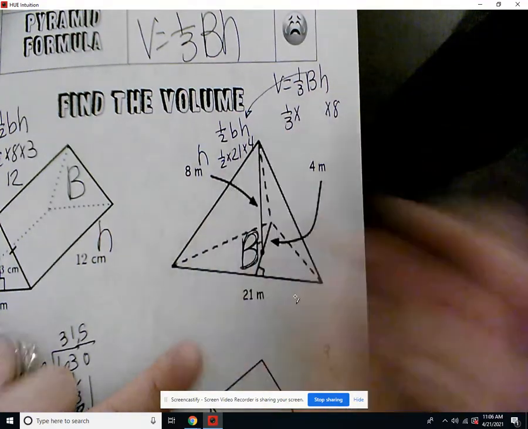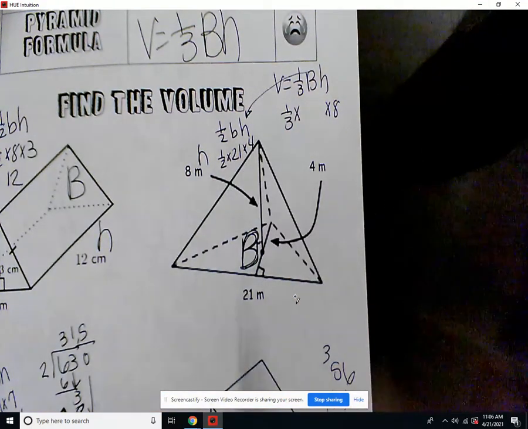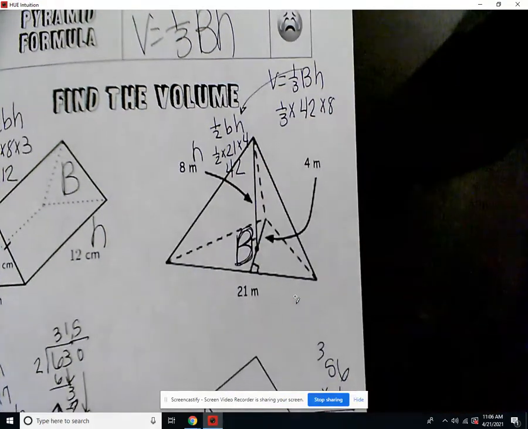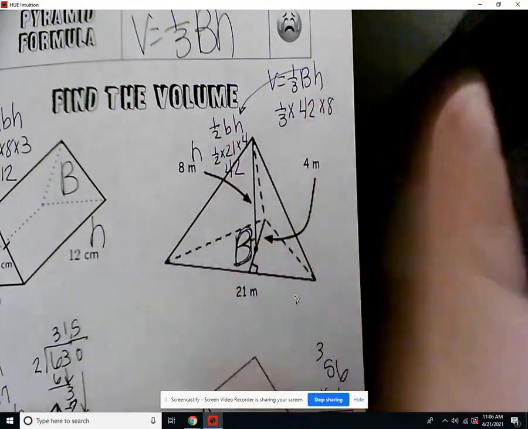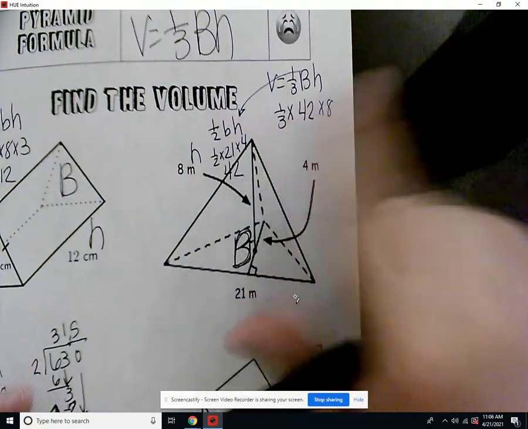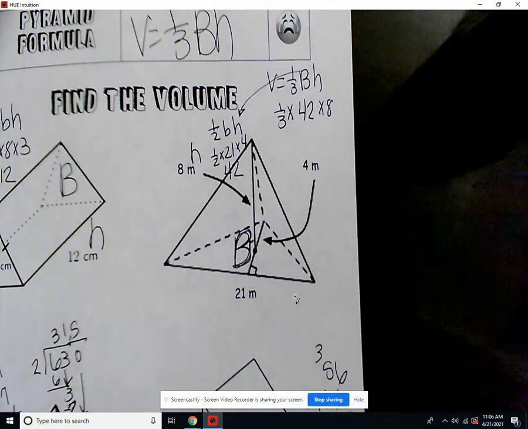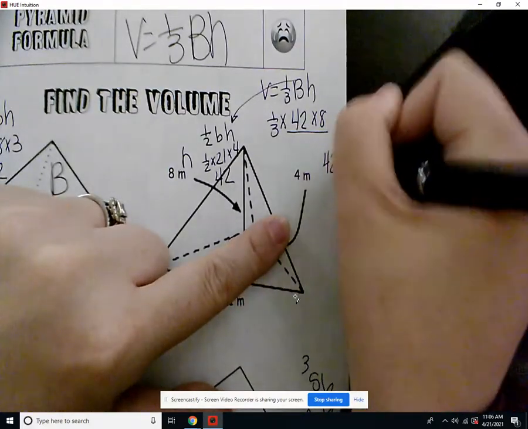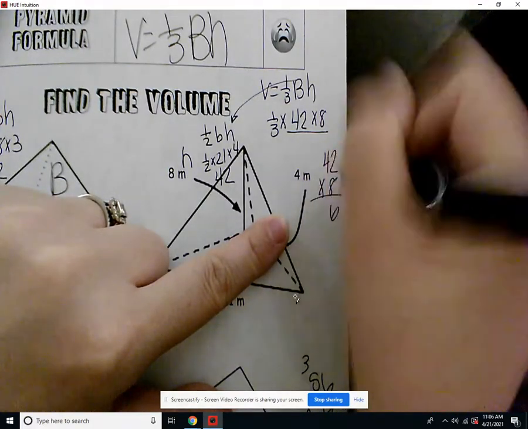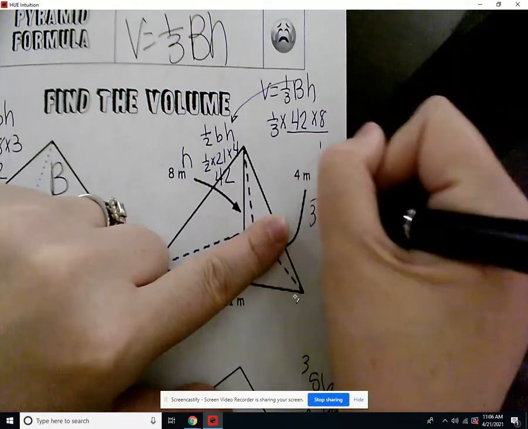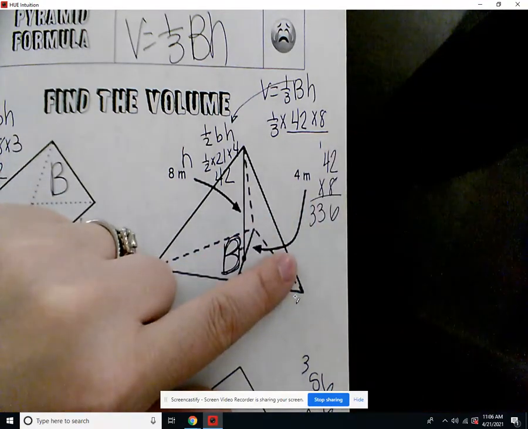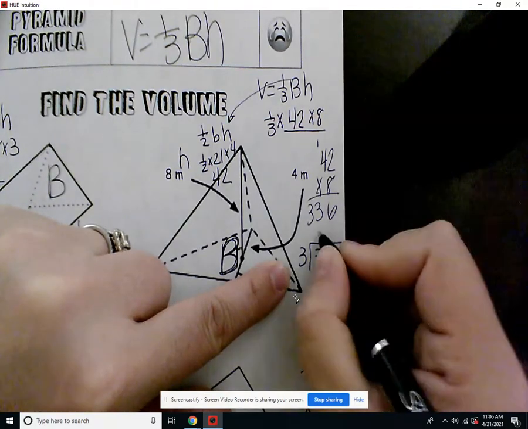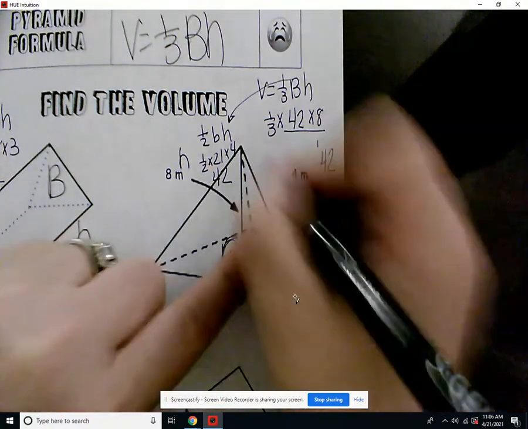So 21 times 4 is 84. Half of that is 42. So I have 1/3 times 42 times 8. I don't really know if 3 goes into 42, and I know it doesn't go into 8. So I'm just going to go ahead and multiply 42 times 8, which is 336. And I'm going to divide that by 3, which is 112.